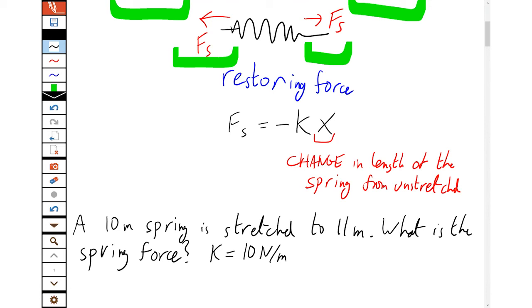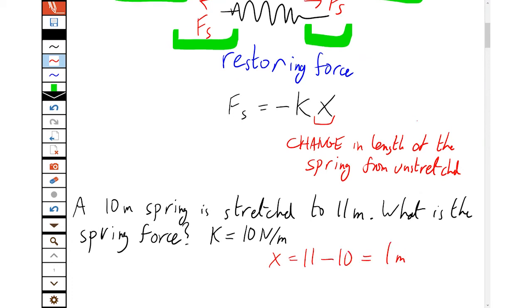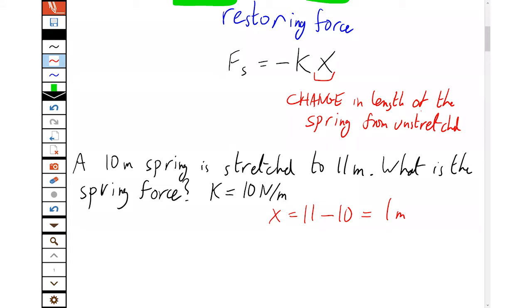And of course, both of those are wrong. Here you want the change in length of the spring. So the change in length is the new length minus the old length, which is 1 meter. And then the size of the spring force, you can go through the whole formula if you want. Fs is minus 10 times 1 meter, which is minus 10 newtons. So that'll be 10 newtons trying to contract the spring because it's opposite to the stretch.